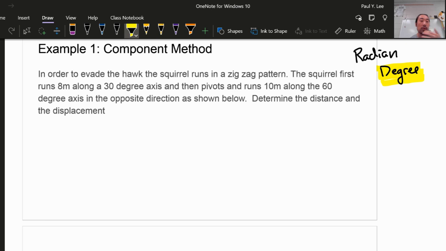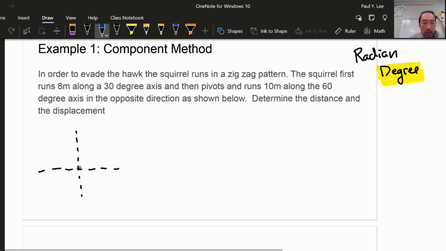So the squirrel first runs 8 meters along a 30-degree axis. So let's draw that first. And I didn't supply the images for you just yet, but here we go. All right, so we'll call this distance A, runs 8 meters along the 30-degree axis.